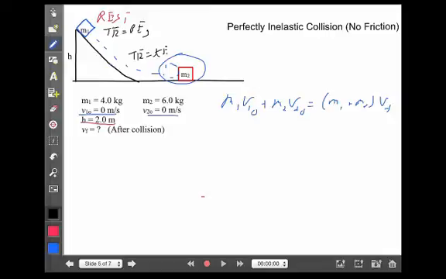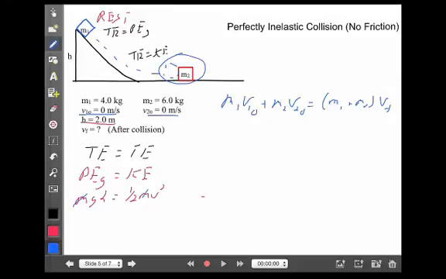And if there's no friction, we can say that total energy equals total energy. In other words, we start off with gravitational potential energy and end with kinetic energy. This is mgh. This is 1/2 mv squared. Now, we're only dealing with mass 1, the one that's moving, so it's the same mass, so we can cancel it. Gravity is 10.